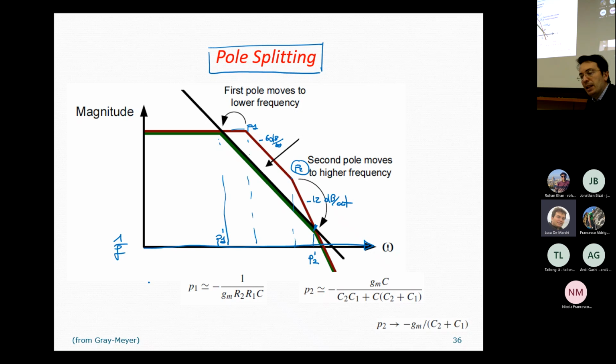Okay, so in the red case, we do have the first pole here and the second pole here. So in correspondence to the first pole, we will be losing minus 45 degrees, and then we lose other 45 degrees after P1.